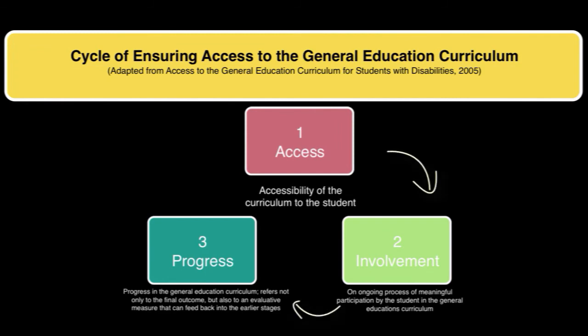The first is access. This refers to the accessibility of the curriculum to the student. Next, involvement. This is the ongoing process of meaningful participation by the student in the general education curriculum. And third, progress. Progress in the general education curriculum refers not only to the final outcome, but also to an evaluative measure that can feed back into the earlier stages.